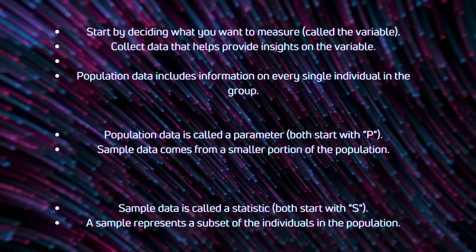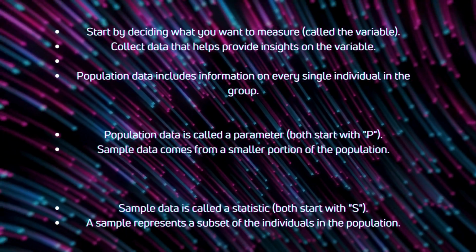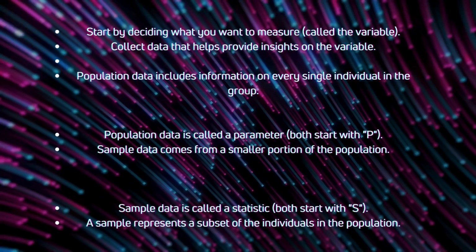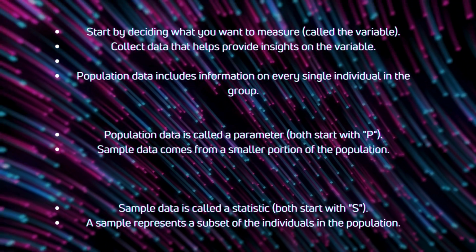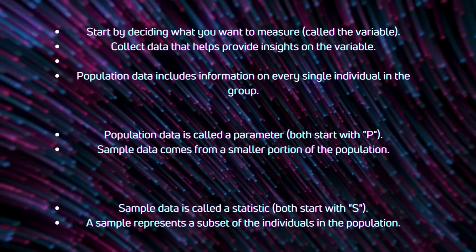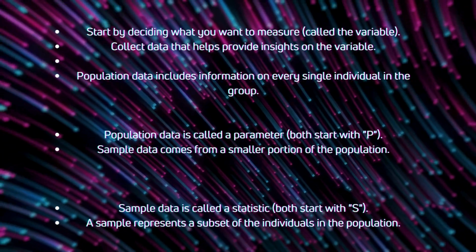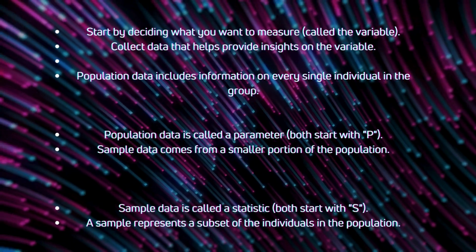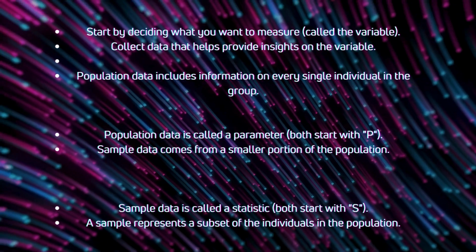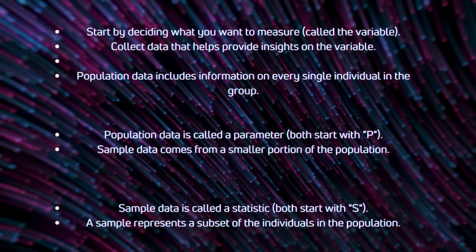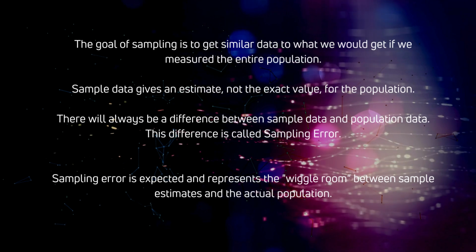For instance, if we are measuring average test score for a school, we would collect data on test scores. Our variable, the thing we are measuring, is average test scores.